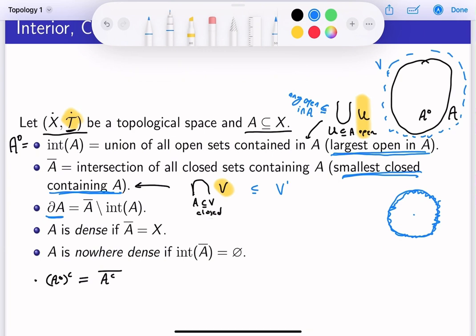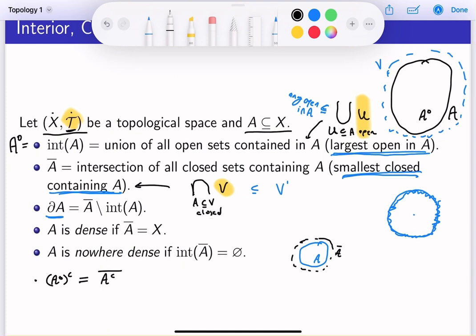So in other words, if I start with a set A and I look at the smallest closed set containing A, let's call it A bar in this case, then if the interior of that closure, the largest open set contained in that closure, is empty, like there's no interior of the closure, then we're going to call it nowhere dense.